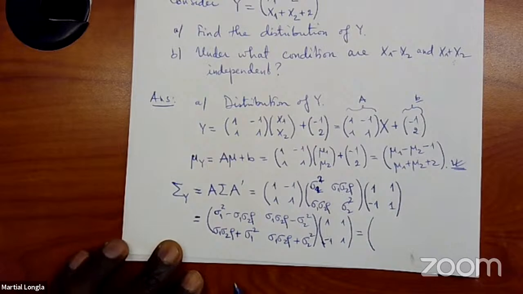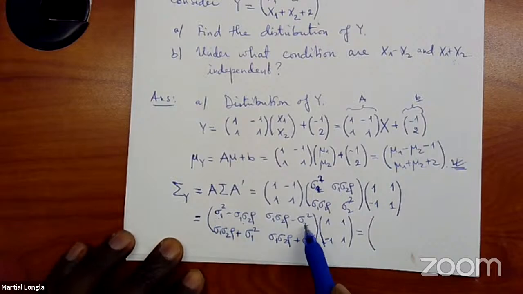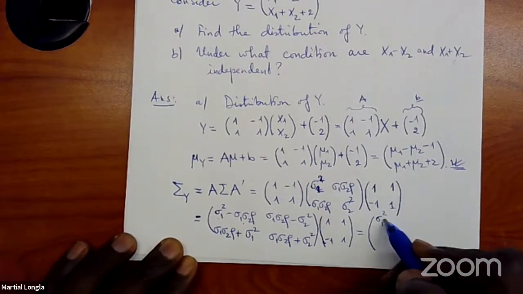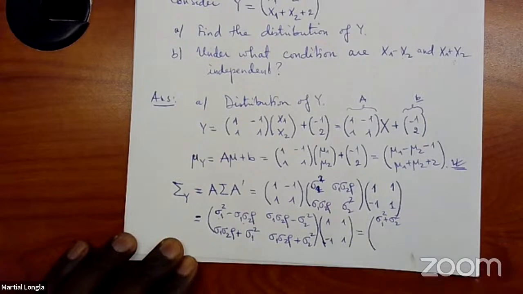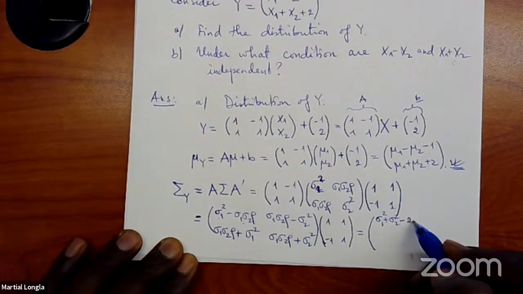So what's going to happen there? Because sigma 1 squared, sigma 2 squared, and then minus 2 sigma 1 sigma 2 rho, right?